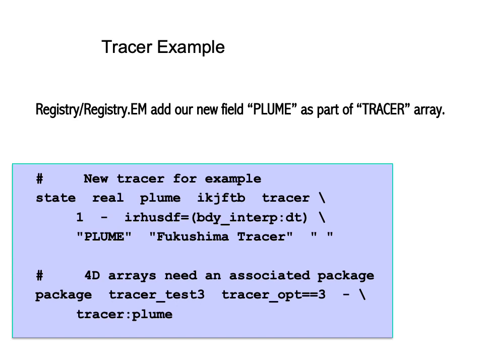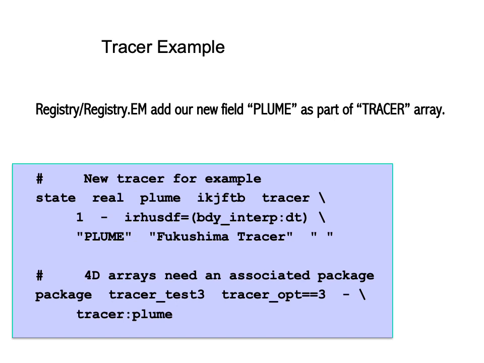So we make a copy of one of the tracer components, and we edit it so that the previous name of a component is swapped for plume. We change the name of the variable that's going to be in the netCDF output file, which is uppercase PLUME. And then for the description, we just call it the Fukushima tracer, and there really aren't any units because this is just a passive tracer. We're setting a value to 1. We could have set it to 1,000 or 17.